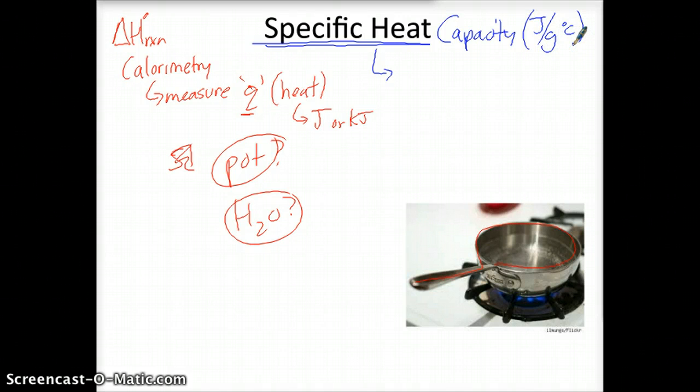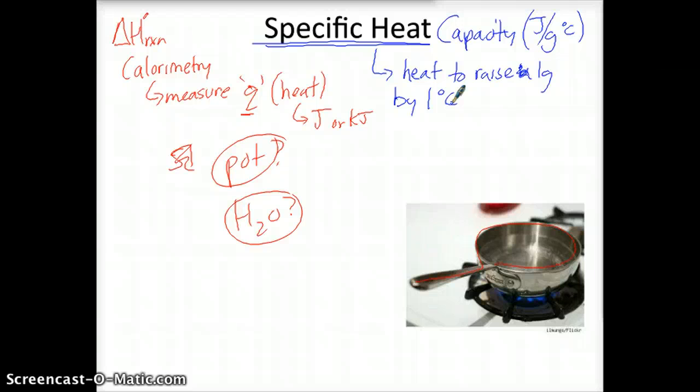So by definition, what you need to know is that the specific heat of a substance is how much heat it takes to raise 1 gram of a substance by 1 degree Celsius. The amount of joules needed to raise the temperature of 1 gram of a substance by 1 degree Celsius.